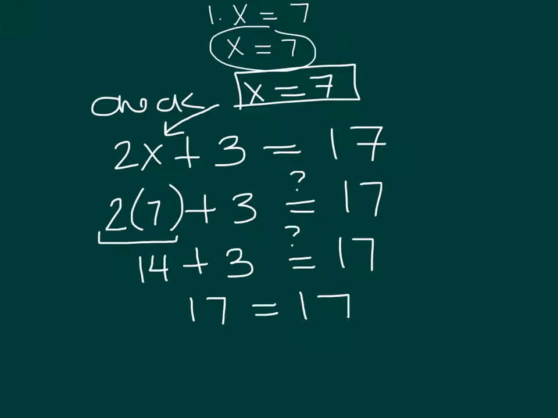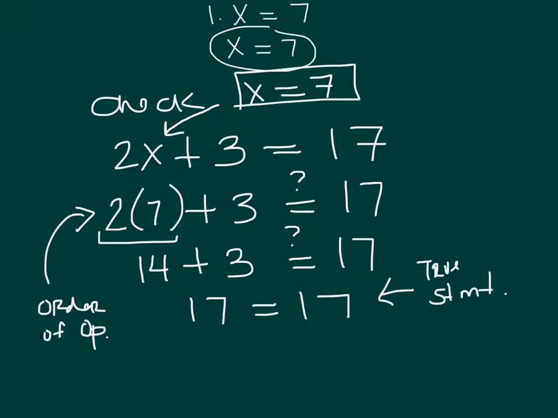Notice here I used the order of operations, because the order of operations says I have to multiply before I add. So make sure not to do 7 plus 3 to get 10 and then multiply by 2, because if you do, you'll get 20, and 20 is not equal to 17. So we generate a true statement.